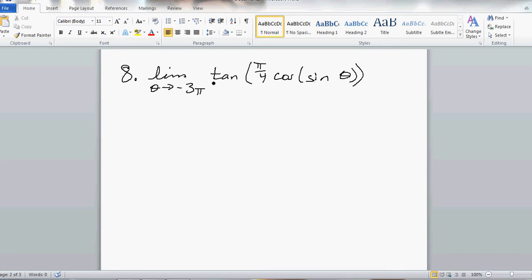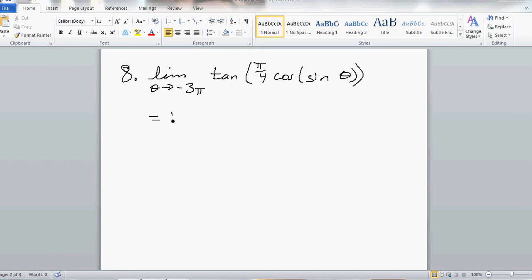Once again, we have to be concerned with, when it's approaching negative 3 pi, does this end up getting close to pi over 2 or a multiple of pi thereafter? And basically, that's what we're going to find out as we work this through.